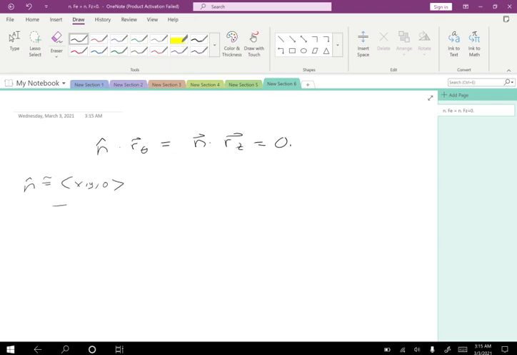So if we now use that x is a cosine theta, y is a sine theta, then we're going to take a cosine, a sine, and dot it with each of these things.